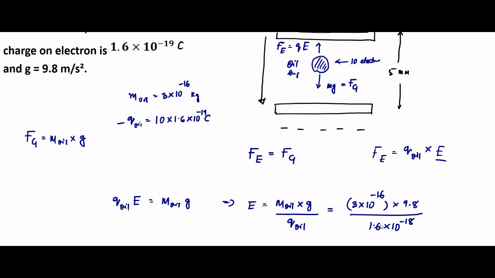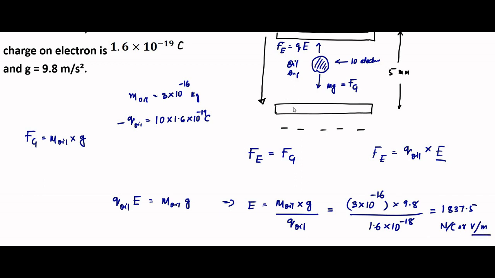This is coming around 1837.5 newton per coulomb or volt per meter. In any unit you can express it, but here it is appropriate to express it in volts per meter.